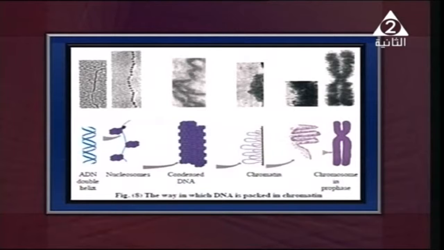The first one is the form of chromosomes. After that, the chromosome is unwound to get the chromatin. The fourth one is the condensed DNA, and finally we have here the histones. And this is the form of the DNA, the double helix.